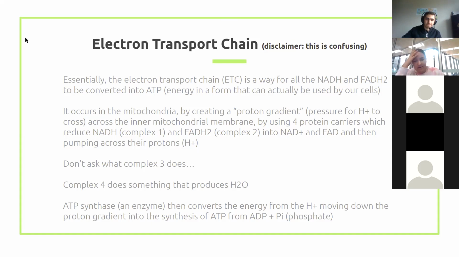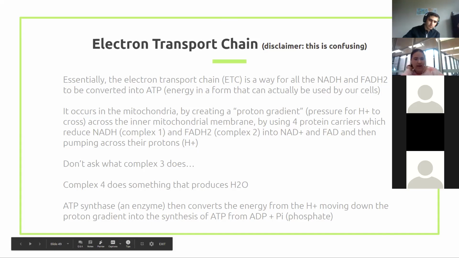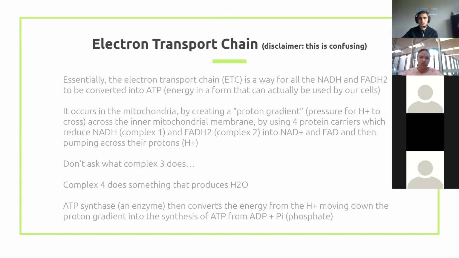Yeah, and then ATP synthase, another enzyme that you do need to know, converts the energy from the H+ which is moving down the proton gradient. The way I think of it is, when it moves down, it lets energy out because it goes back into equilibrium.